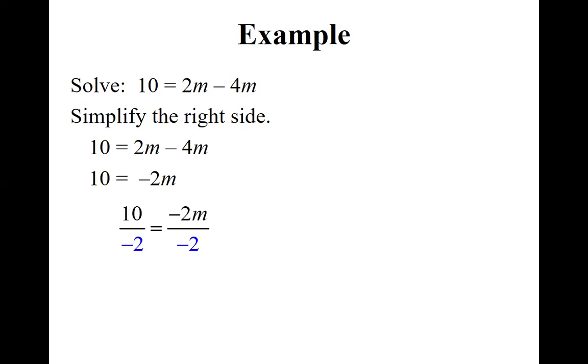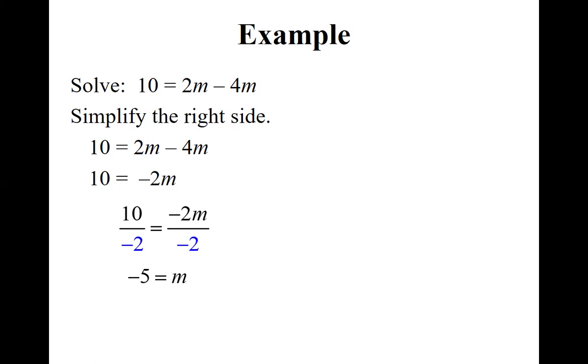On the left, 10 divided by negative 2, positive divided by negative is negative. 10 divided by 2 is 5, so negative 5 equals m. That's the same as saying m equals negative 5. Remember, it doesn't matter which side of the equal sign our variable is on.